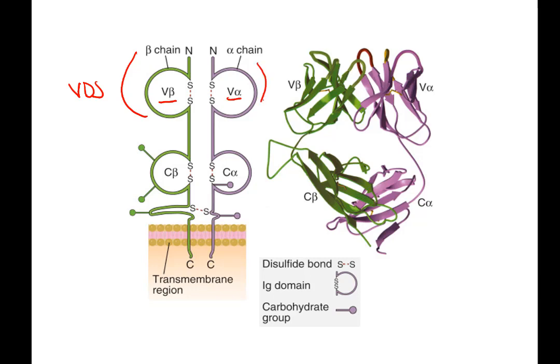This is the variable alpha, so it would be V and J. And that creates the variable region that recognizes the MHC molecule and its peptide. Okay? So it looks like that is just set, but you can think of this now as being this shape. That's the actual shape of that because of VDJ and VJ recombination.